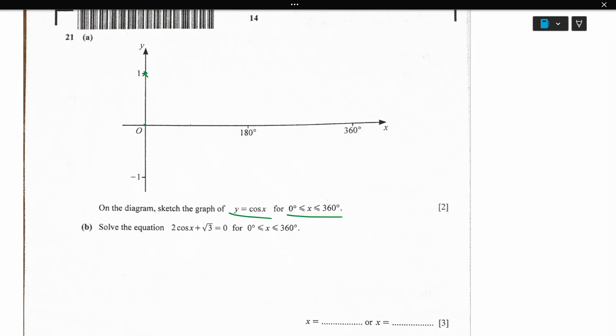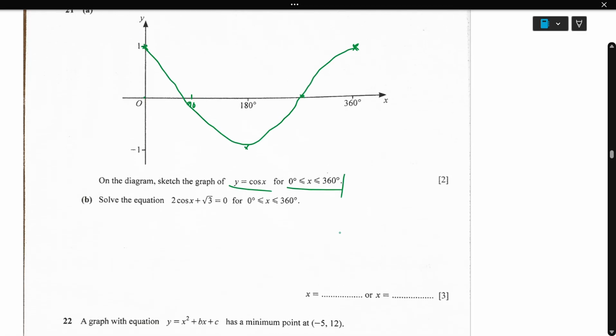Next, cos 90 is going to be 0, then cos 180 is going to be negative 1, then cos 270 is going to be 0 again, then cos 360 is going to be 1. So the graph is going to be like this. You have to end here because the limit is until 360.